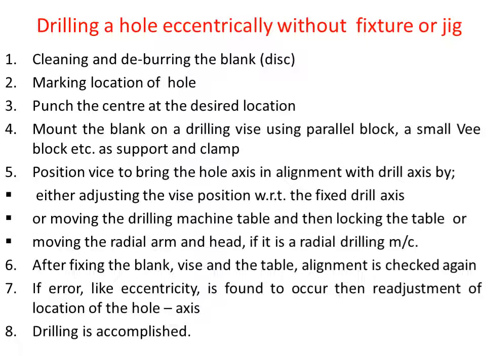That is based upon what type of drilling machine you are going to use for making this hole. After fixing the blank, vise and the table, alignment is checked again, and if there is any error like eccentricity or some coaxiality error of the drilling head with reference to the axis of the disc, we may have to adjust the position of the disc, and then we have to accomplish drilling.